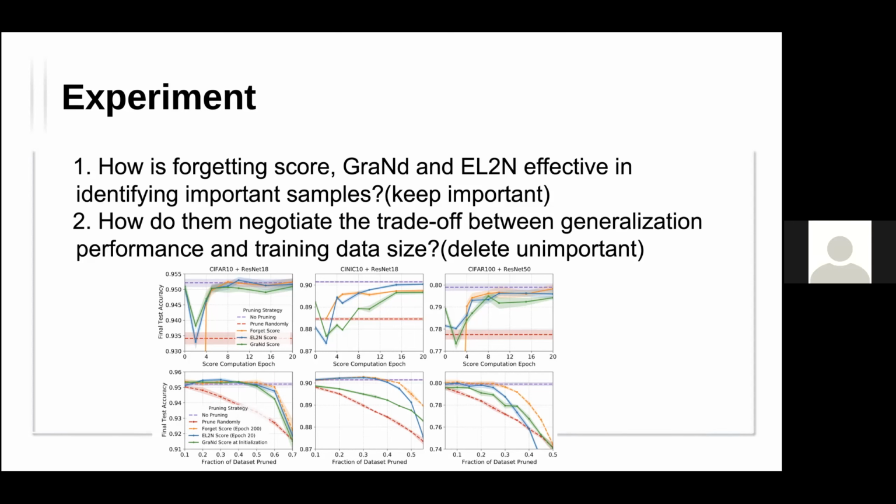Yeah, actually, I shared that paper in our group before. Okay, so what is the rationale to calculate the forget score? So they just train the model from scratch, and then this is the ground truth, right? The sample, whether it is forgotten or not.